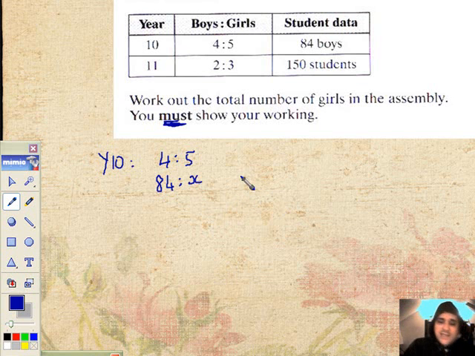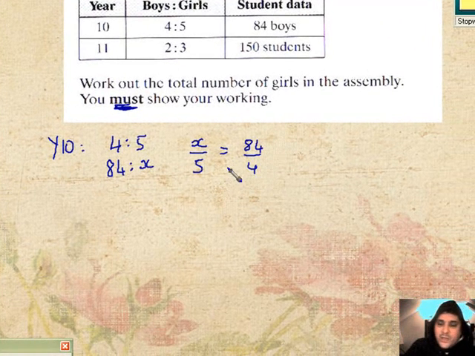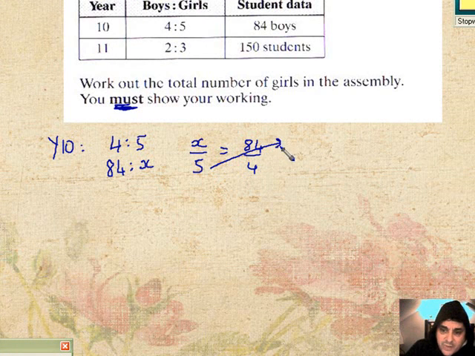Call that X. X divided by 5 is just like saying 84 divided by 4. Then we can cross multiply, so we're going to get X equals 84 divided by 4. That's like a unitary method technique, and then multiply by 5 to find the number of girls in Year 10.